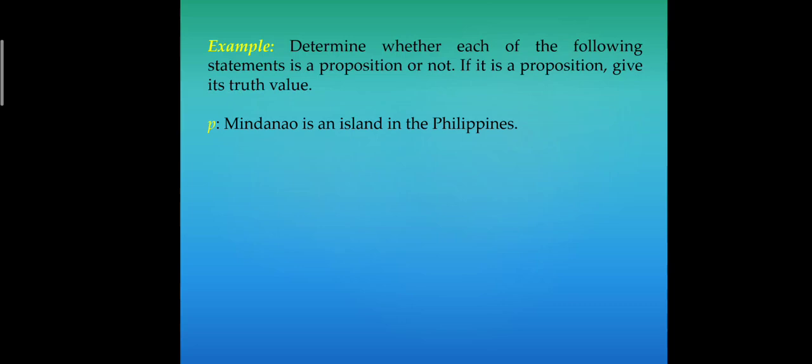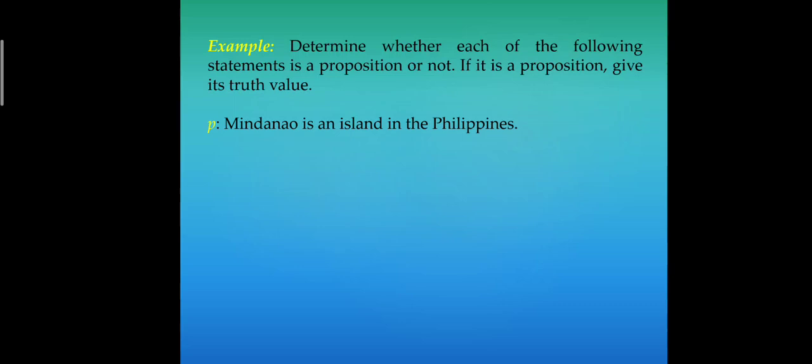So to answer that question, we should identify first whether the given statement is a declarative sentence. Again, let us recall that a declarative sentence makes a statement or presents a fact, or offers an explanation regarding something, or conveys information.